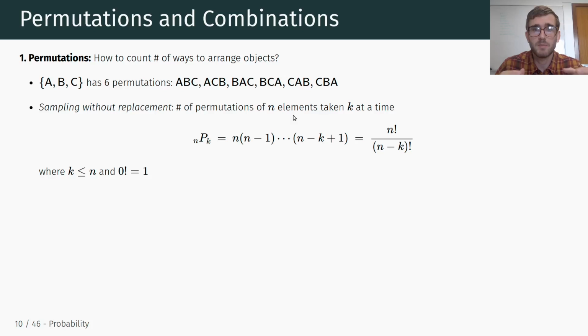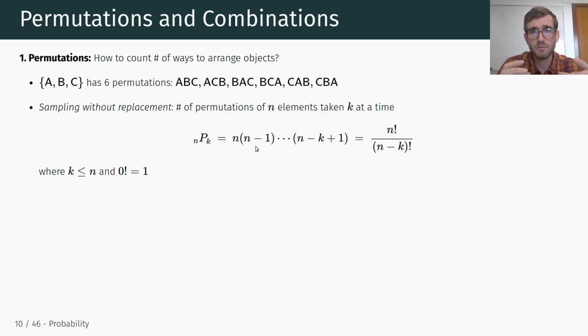We can also think about counting permutations as a process of sampling without replacement, right? So the number of permutations of n elements taking k at a time, or here 3 elements taking 1 at a time and recording the ordering.